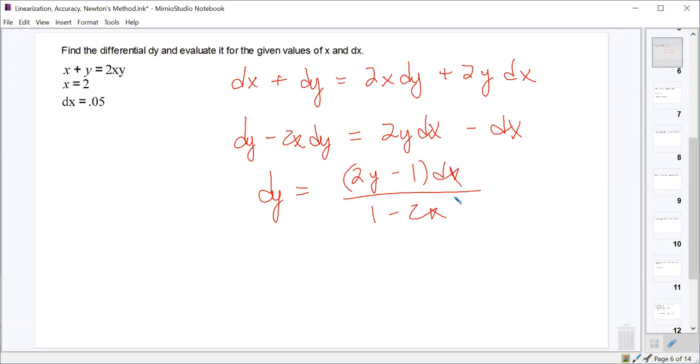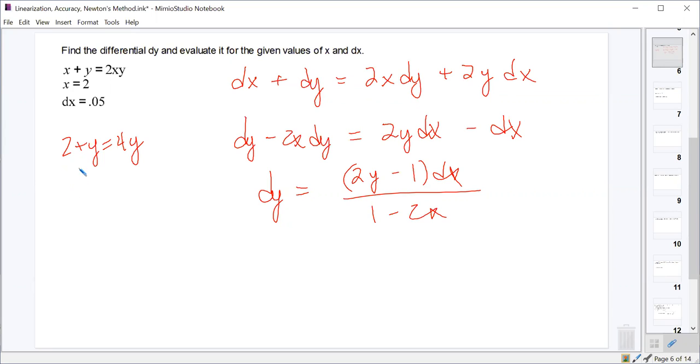And what's the problem here? When we try to plug things in, we are missing a value for y. So remember, all we have to do to find that missing value of y is just plug in x equals 2, 2 plus y equals 4y. And what do we get?